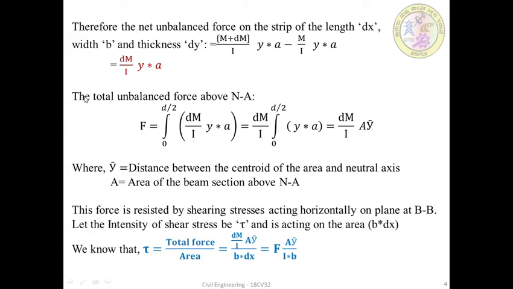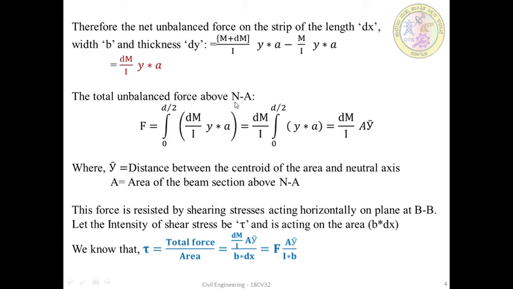Therefore the total unbalanced force on the strip of length dx above the neutral axis is obtained by integrating the above equation between the limits 0 to d by 2, where d is the total depth of the beam. Since the cross section is rectangular, the distance of the extreme fiber from the neutral axis will be d by 2.